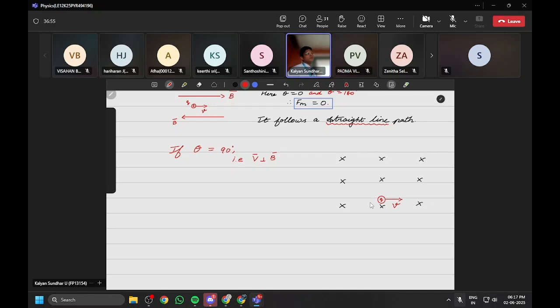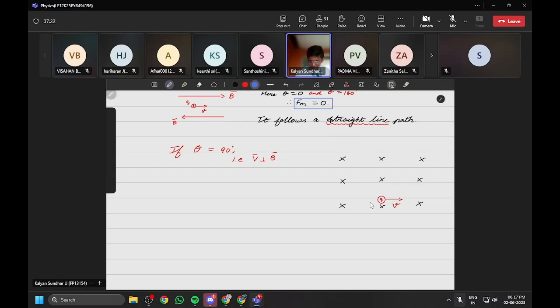I have told you how to find it. Use Fleming's left hand rule, the palm rule, and find where the force acts upon this charge. Upper direction. With the open palm, B is here, the velocity is here, and the force will be in the upward direction.